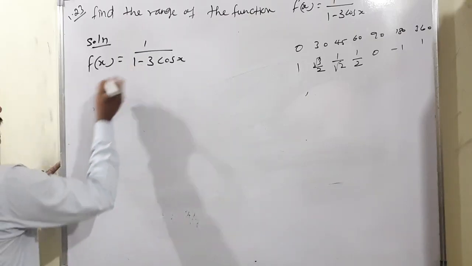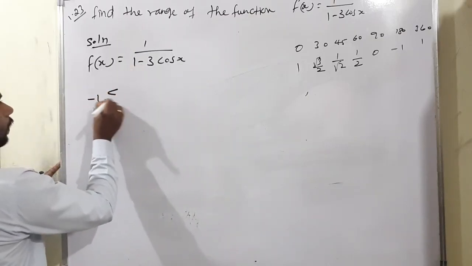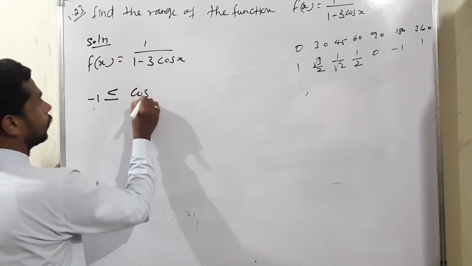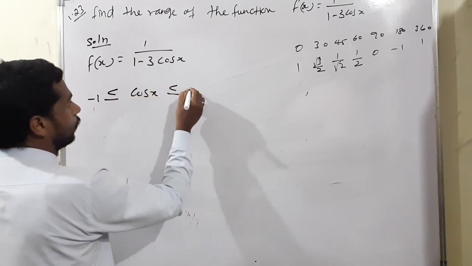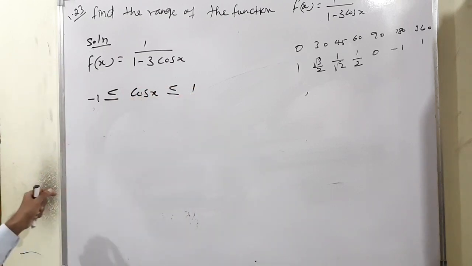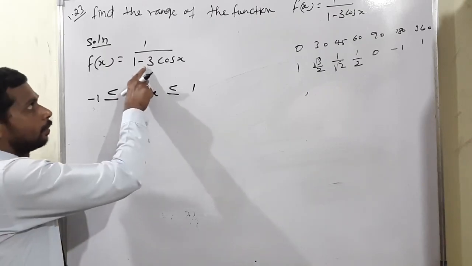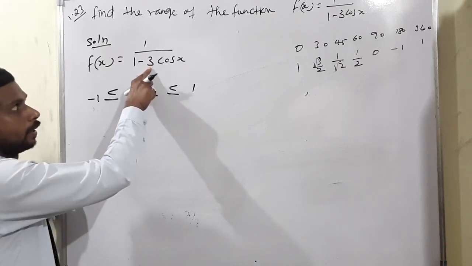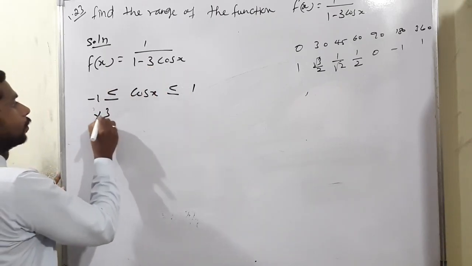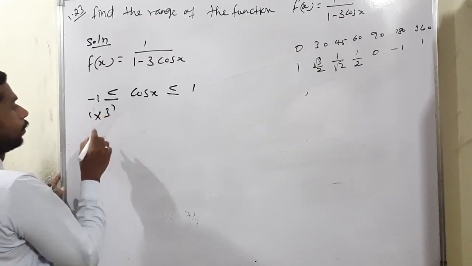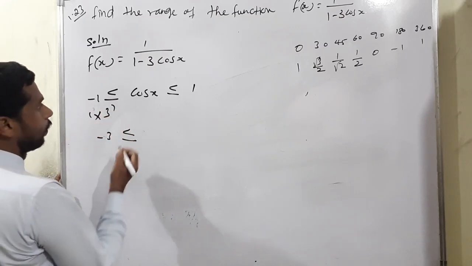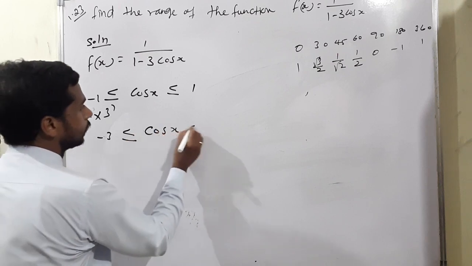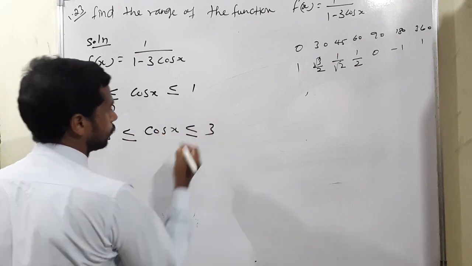Therefore, how to rearrange this line? Minus 1 less than or equal to cos x less than or equal to positive 1. But in the denominator minus 3 is there. Therefore, first we have to multiply each and every term by 3. So, into 3 means minus 3 less than or equal to 3 cos x less than or equal to positive 3.